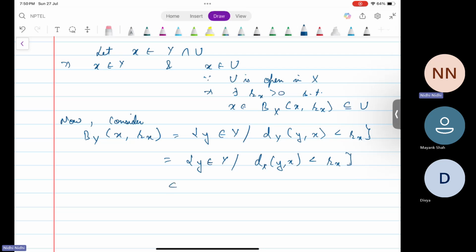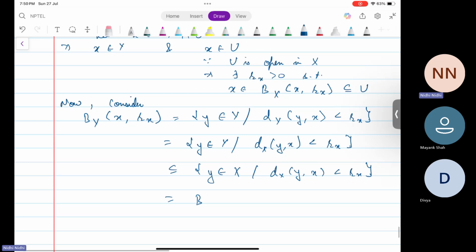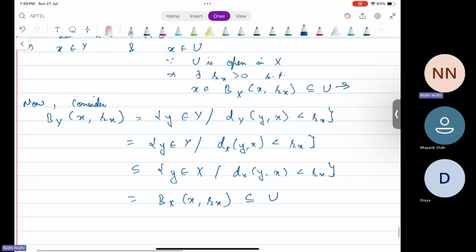Now this is a subset of all those y in X, because obviously Y is a subset of X, such that dX(y, x) is less than Rx. Now this is equal to B_X(x, Rx), which is contained in U. Why? Of this by equation first.